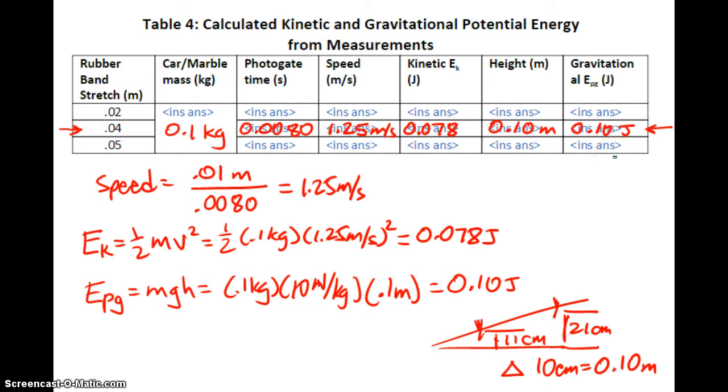The last thing we'll be doing, in our final table, is plotting the value of elastic potential energy from table 2 onto a graph versus stretch. But we're also going to be looking at the kinetic energy that we actually determined we had and the gravitational potential energy. Let's take a look at that.